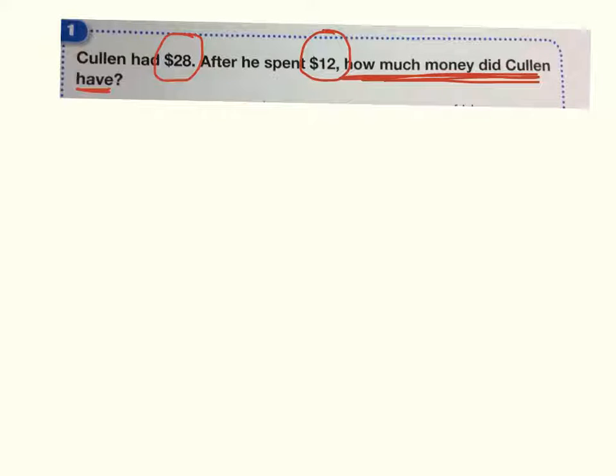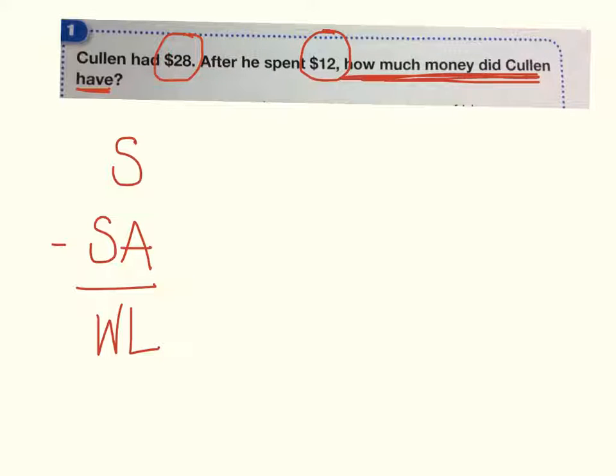Now we need to figure out what part is the sum, what is the sum that went away, and what is left. It's just a matter of putting those numbers in the right spot. So if it says Cullen had $28, think: is that the sum he started with, the sum that went away, or what is left?